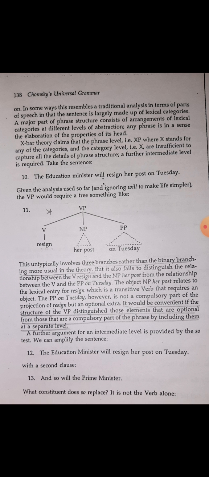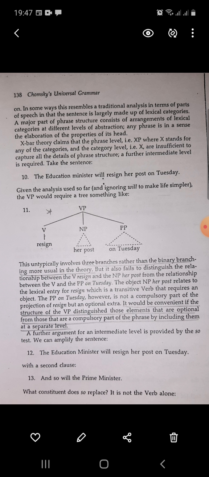It won't mar the meaning of the sentence. On Tuesday, that is the prepositional phrase, doesn't have such a strong relation. The extent of the relationship of the prepositional phrase with the verb resign is not as strong as that of the noun phrase her post with the verb, because the noun phrase her post has a close connection, being the object of a transitive verb.